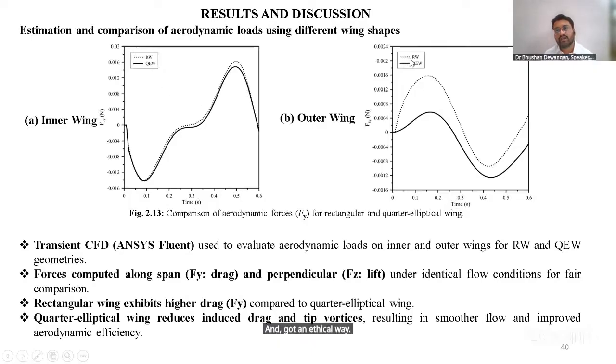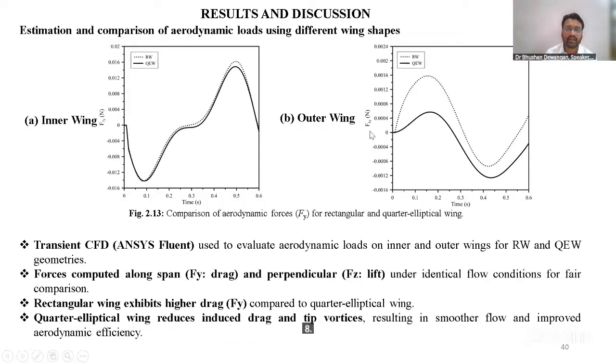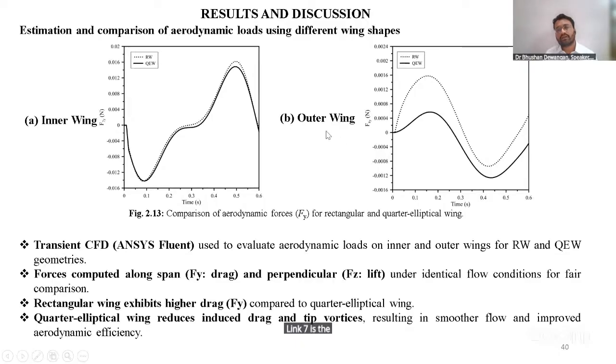F8 and F5 show the wing sides. In the wing we have two sections: the first is near the shoulder, and the other is away from the shoulder. Link 7 and link 8 are combined into one wing: link 7 is the inner wing and the outer wing is link 8.